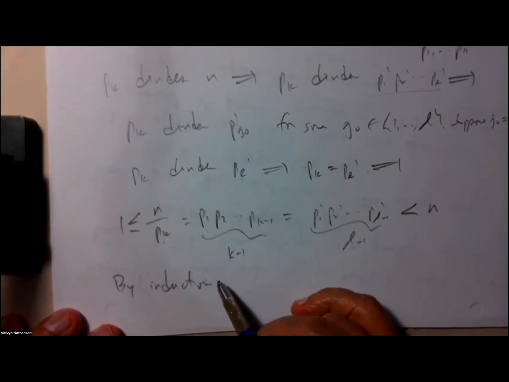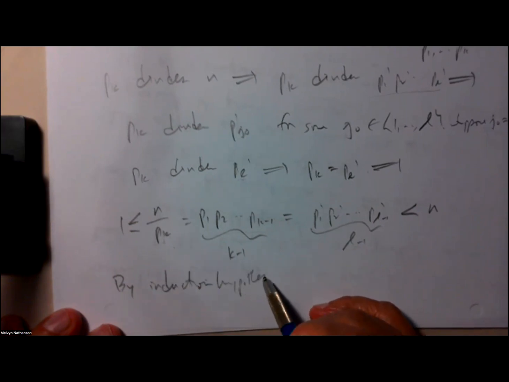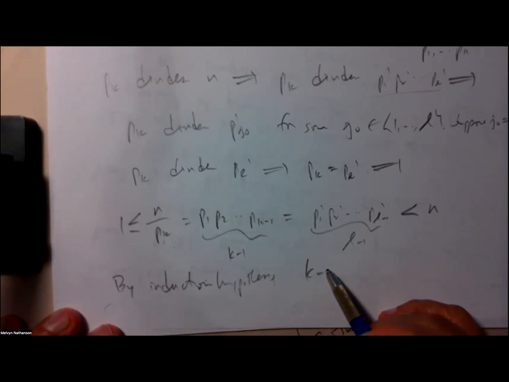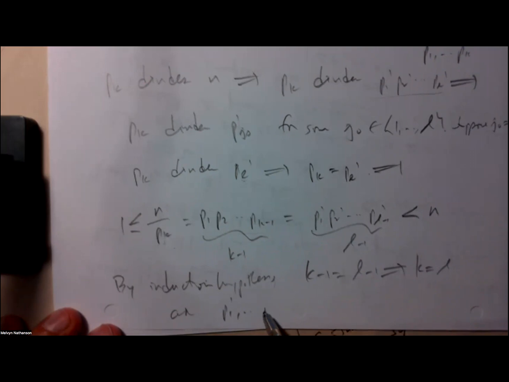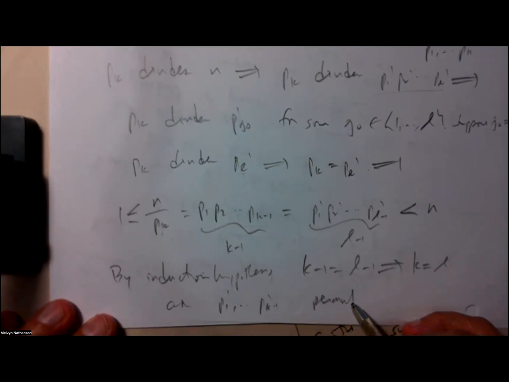By the induction hypothesis, k minus 1 equals l minus 1, which means k equals l. And these primes, p1 prime up to p sub k minus 1 prime, are a permutation, just some rearrangement of p1 up to p sub k minus 1.